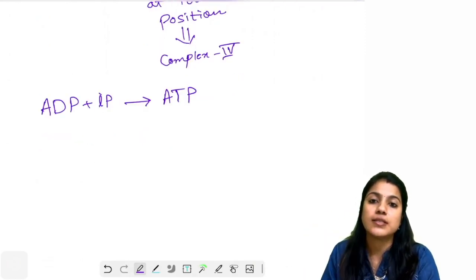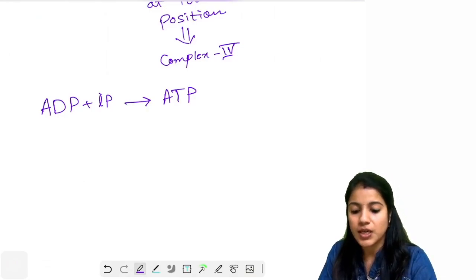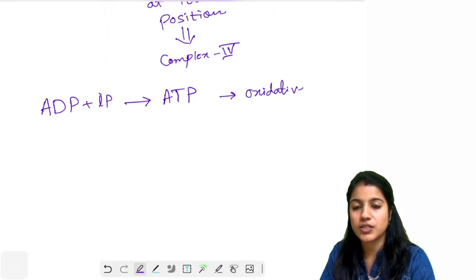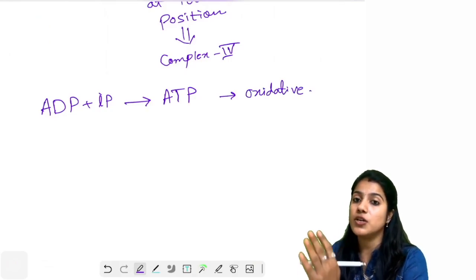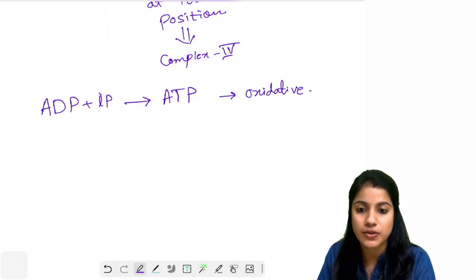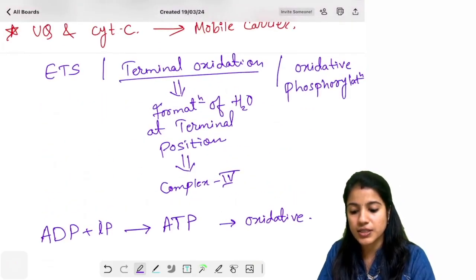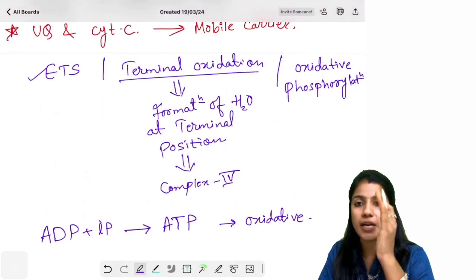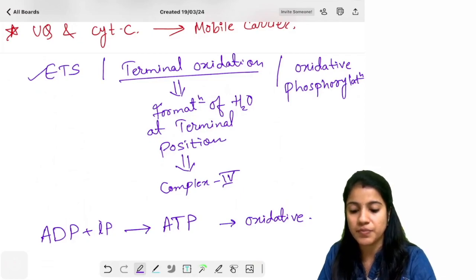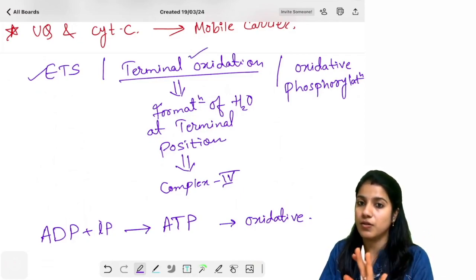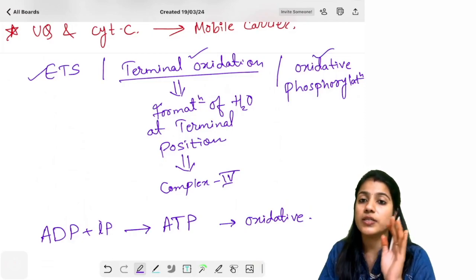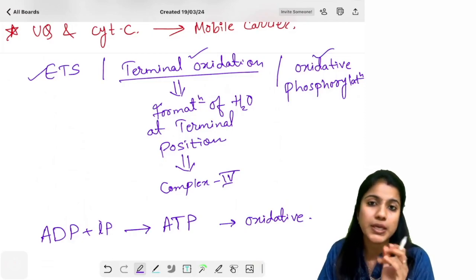Previously, you have studied substrate level phosphorylation. This is oxidative phosphorylation. Oxidative phosphorylation means during oxidation of substances, ATP is getting generated. So till now, the electron transport system got completed, terminal oxidation completed on complex 4. But oxidative phosphorylation is yet to be discussed.